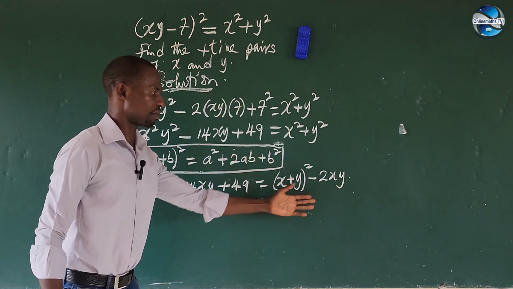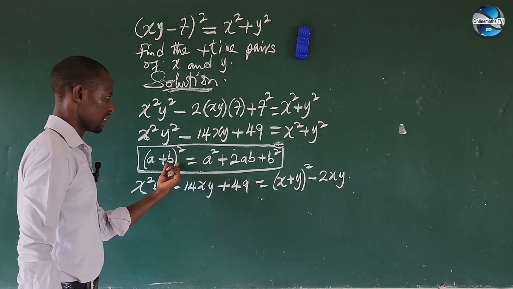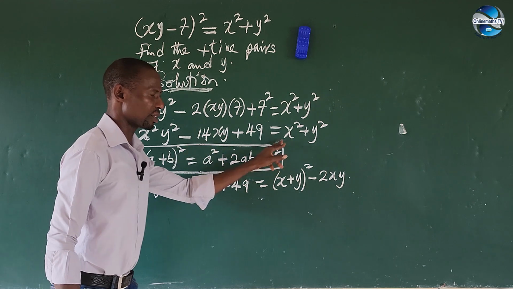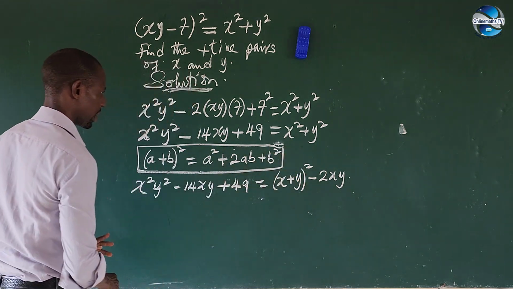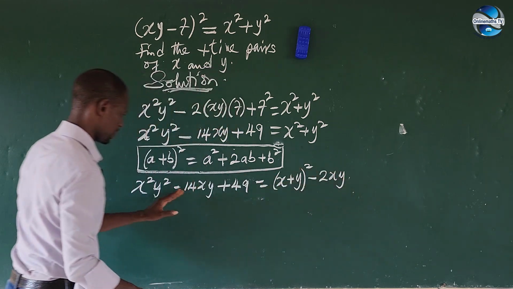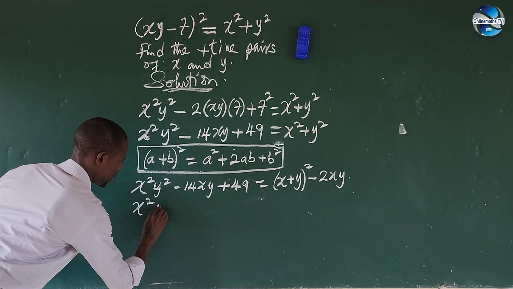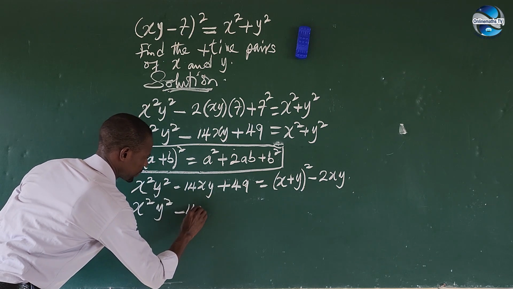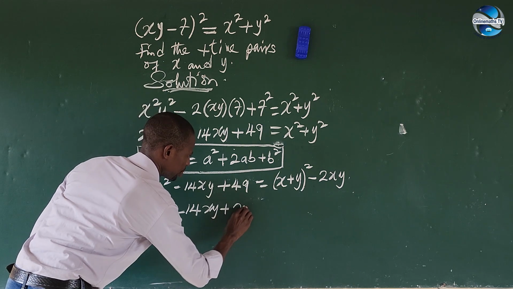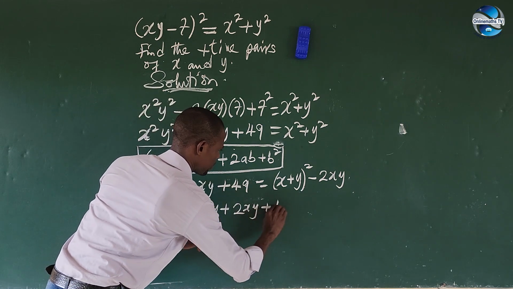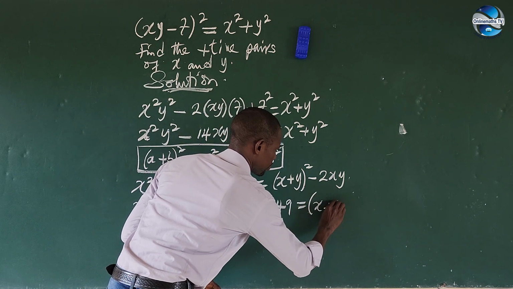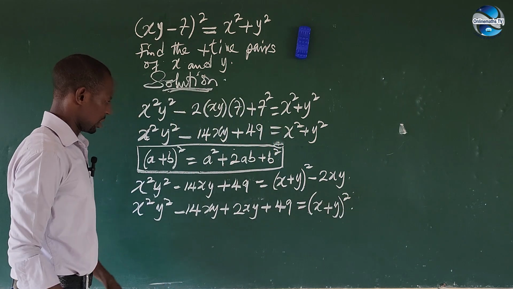According to this, we can express it in this format, because if we move 2xy to this side, we are left with a² + b². So we move 2xy to the other side: x²y² − 14xy, this crosses the sign of equality and turns to plus 2xy, then plus 49, equal to (x + y)².